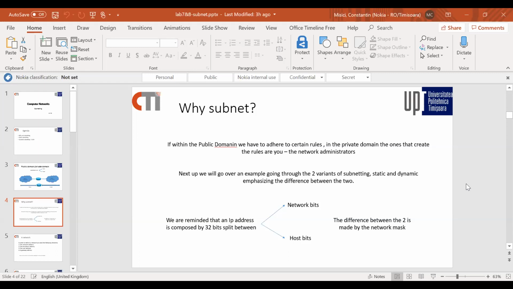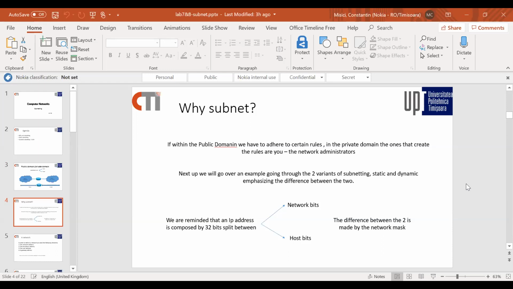Now, in both parts, regardless of the type of subnetting that we're going to do, it's quite important that we remember that an IP address, because if we're talking about public and private domains, we're talking about IPs, those are logical addresses. Again, they all have 32 bits split up between network and host bits, and that difference is made up by the network mask.